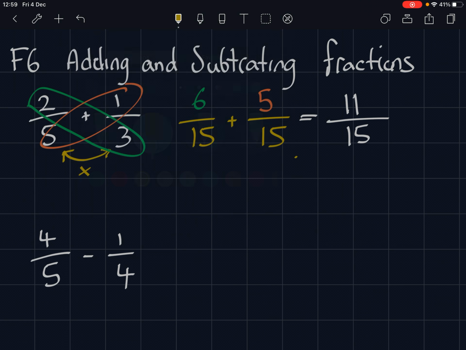The first thing we need to do again is find a common denominator to make the pieces the same size. The common denominator for this problem will be 20. Both fractions are going to be out of 20.